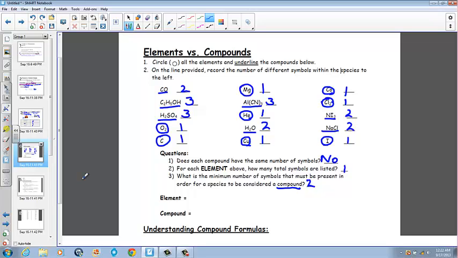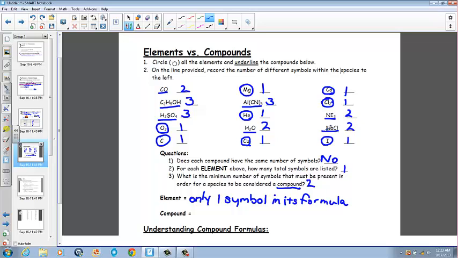An element only has 1 symbol in its formula.